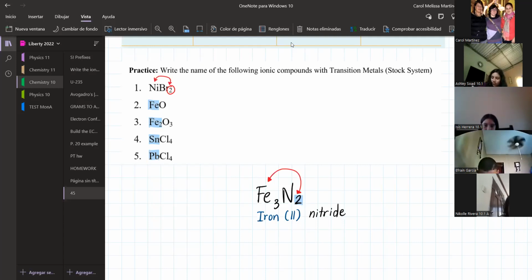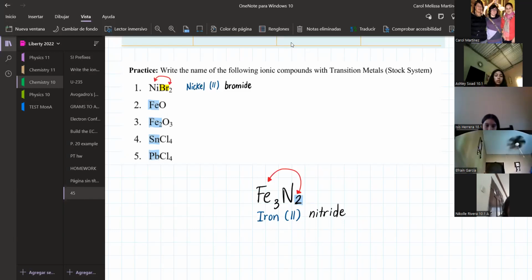So in other words, this will be nickel 2. Now, because my second element, my anion, is bromine, then this is gonna be just bromide. Nickel 2 bromide. If you say that it's just nickel bromide, incorrect. If you say nitrogen 2 bromide, ooh, that is so wrong, okay? So don't mess it up on that one.